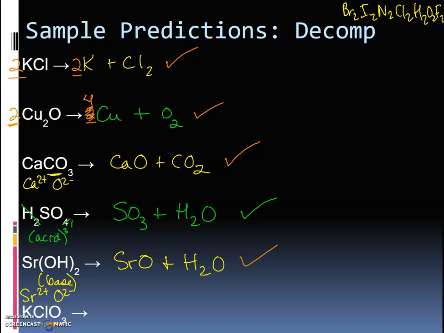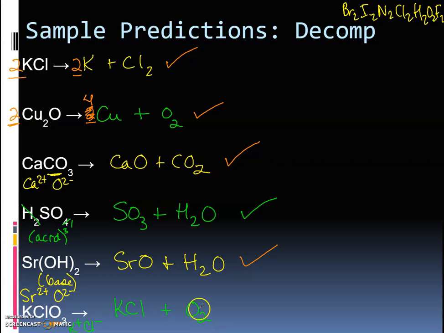And then lastly, KClO3. This is our chlorate. So what does the chlorate become? The chlorate becomes a chloride plus oxygen. So K is a plus, Cl is a minus. I have KCl. Okay, am I balanced? Not quite.